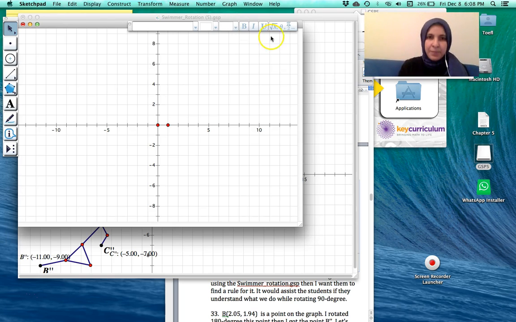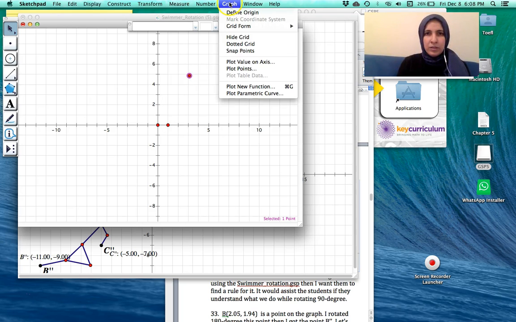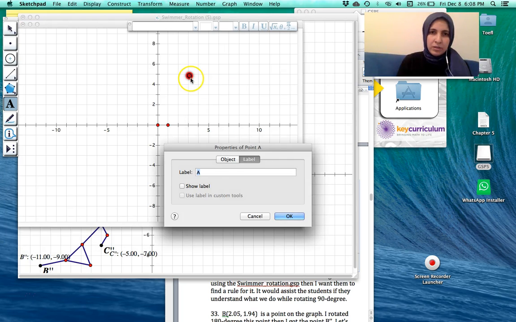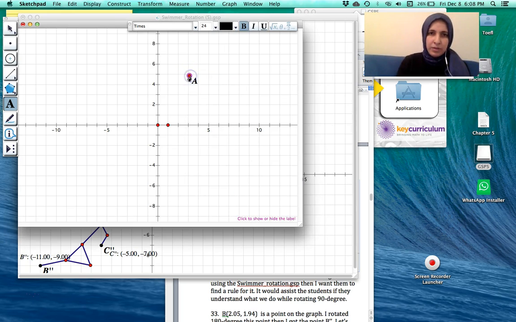I can do that: a point, and then find the coordinates. Let's label it as A or B, it doesn't matter, and then for A, find the coordinates of it.